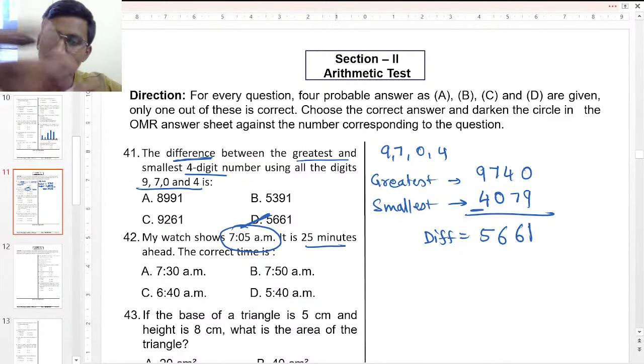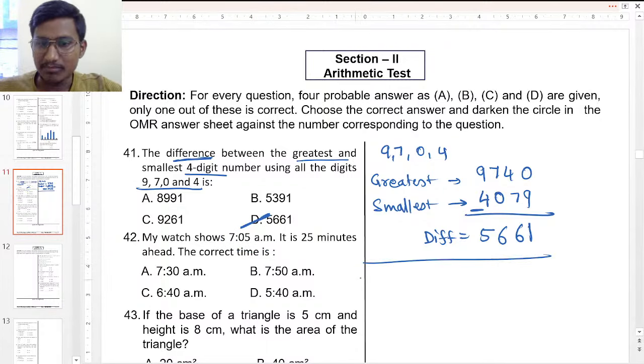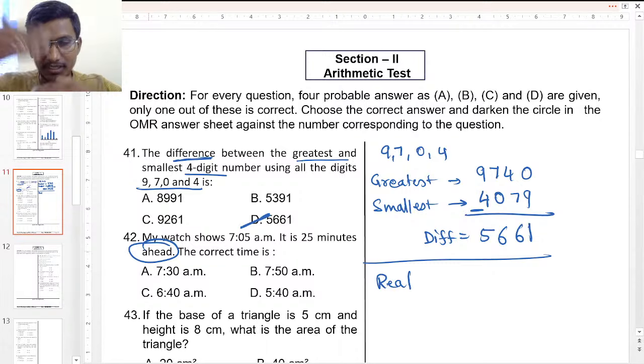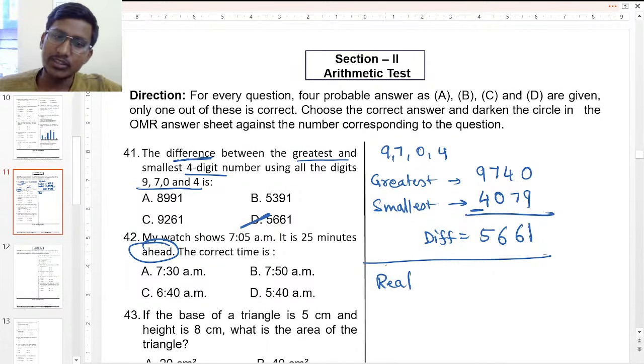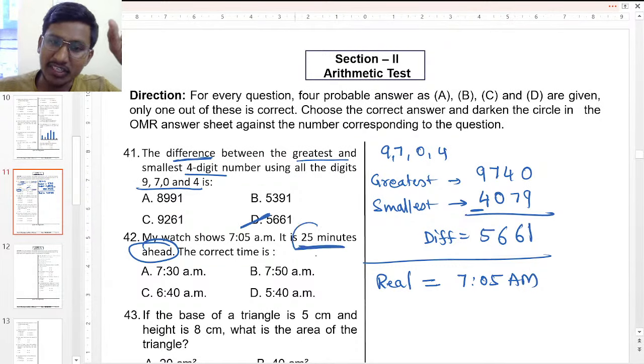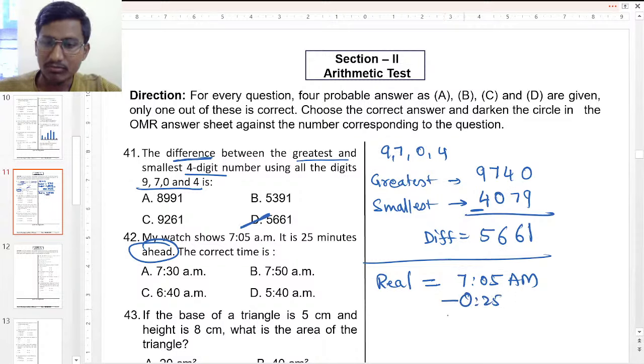Ahead means it is in front, right? So the real time will be behind. To come back means you have to subtract. So you have to subtract 25 minutes from 7:05 a.m. We know 1 hour means 60 minutes.